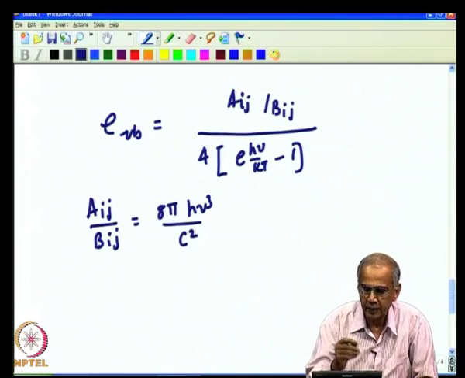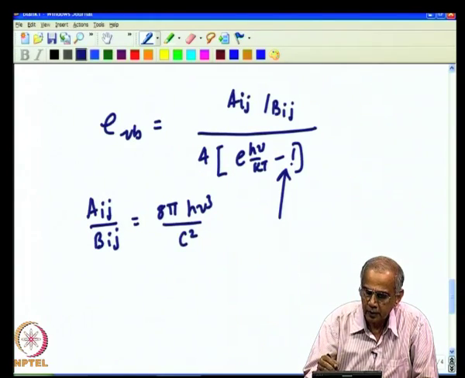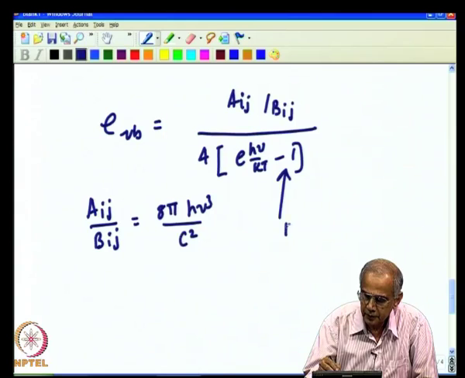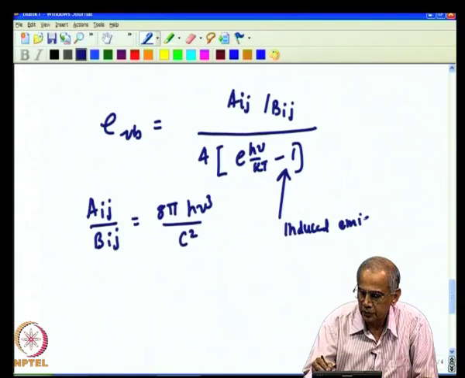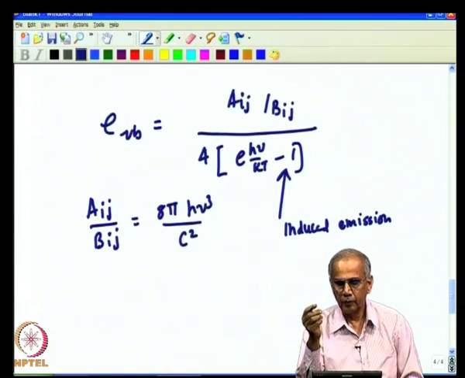And so, we get back the result that is obtained by Planck, but the advantage of this derivation is that it clearly shows that this 1 comes from induced emission, which was not accounted for by either Rayleigh and Jeans or by Wien in his derivation.